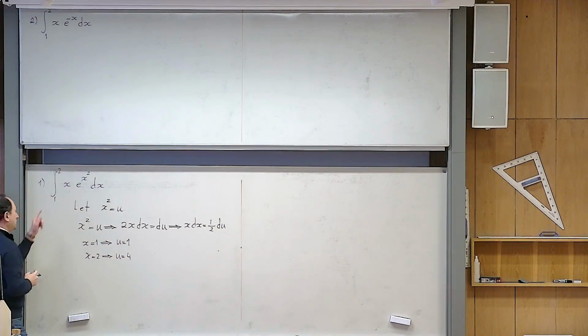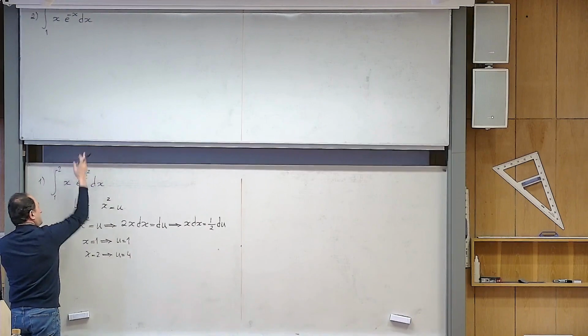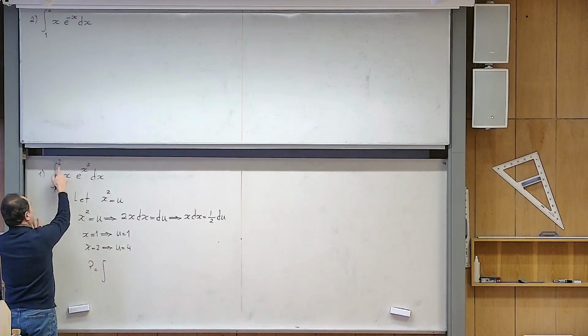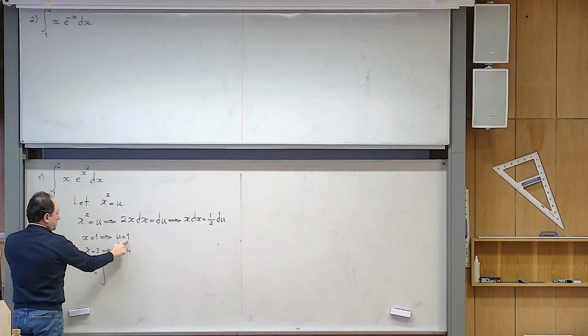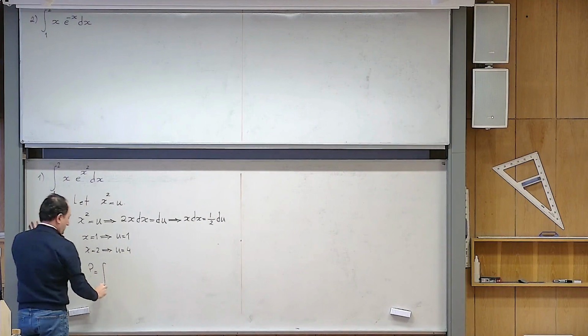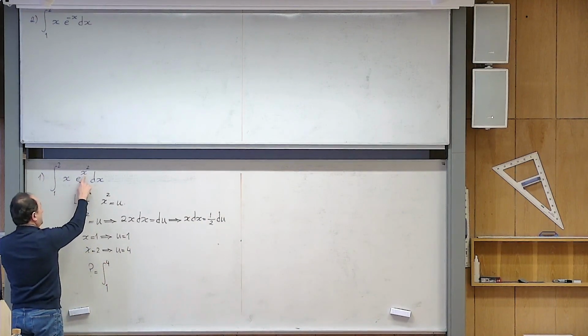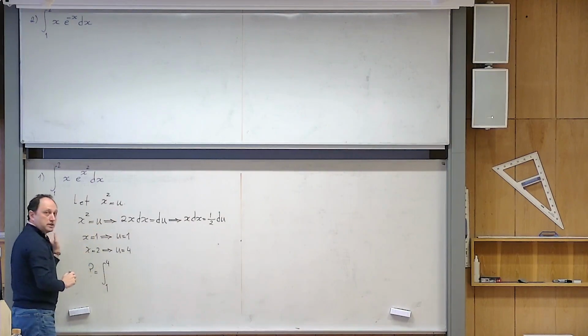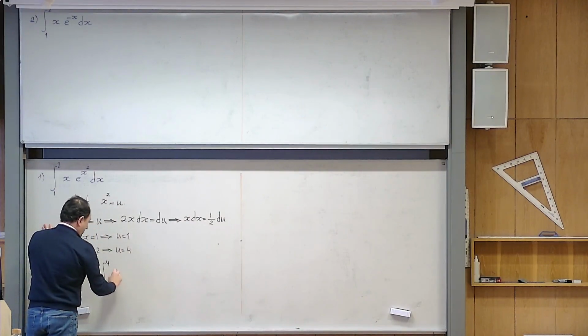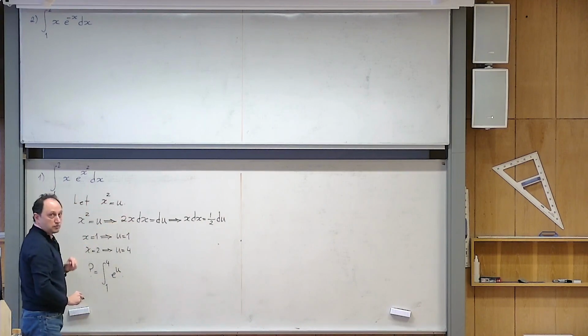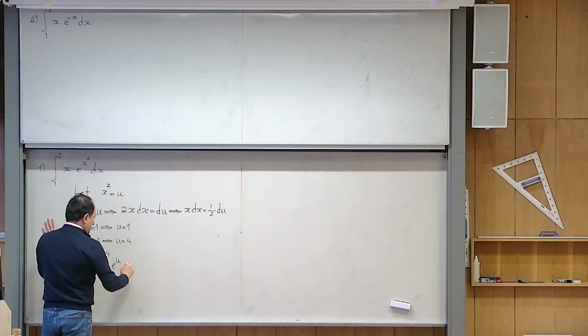Okay? So the question mark here is my integral becomes equal to the integral. Instead of having from 1 to 2, I will have it from 1 to 4. Yes, so it goes from 1 to 4. Instead of e to the power of x squared, I can write e to the power u multiplied by, instead of x times dx, I can write 1/2 times du.